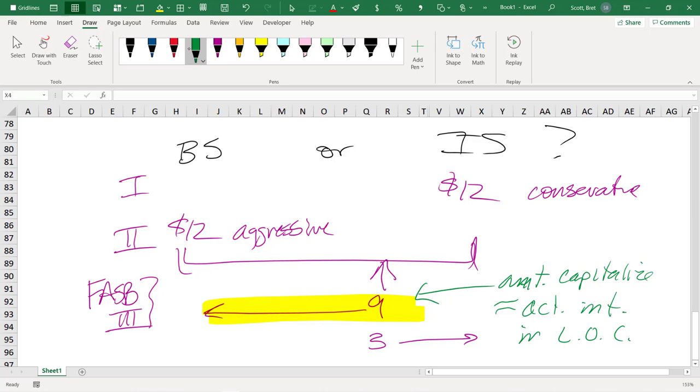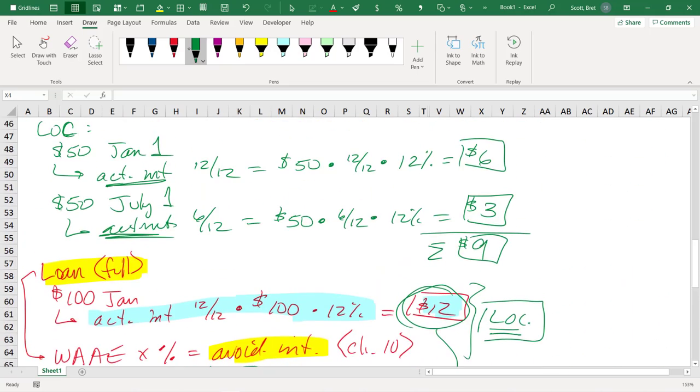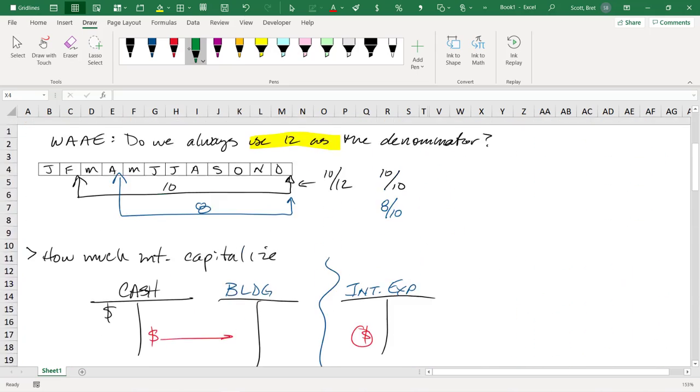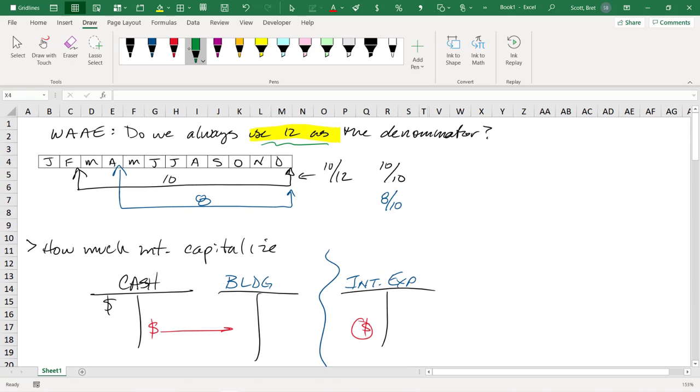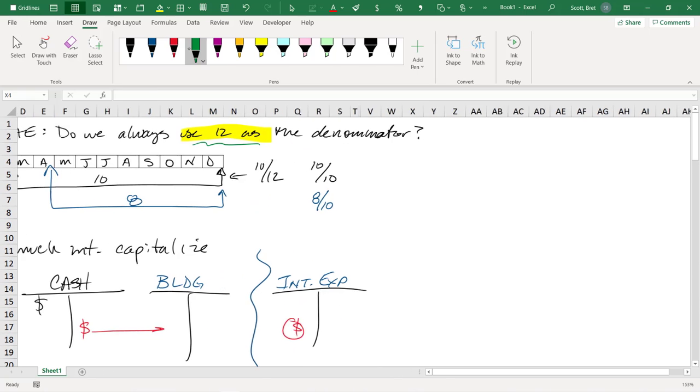But let's go back a second to the calculation above. The original question was, why do we use the full 12 all the time?